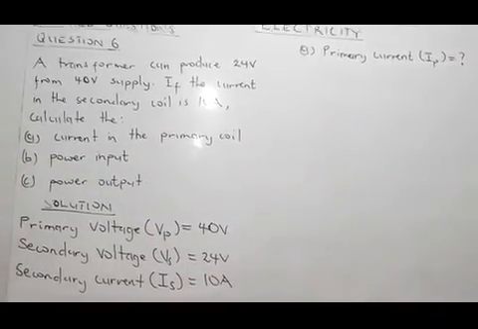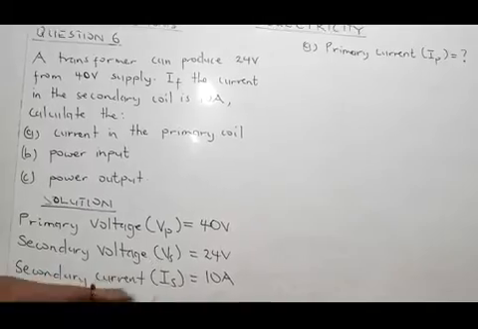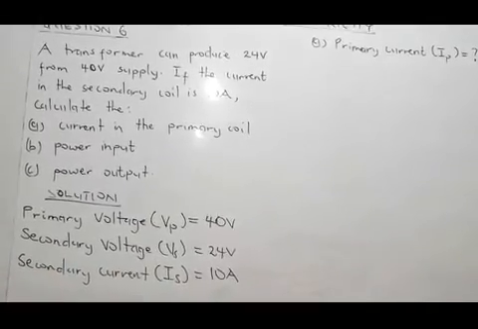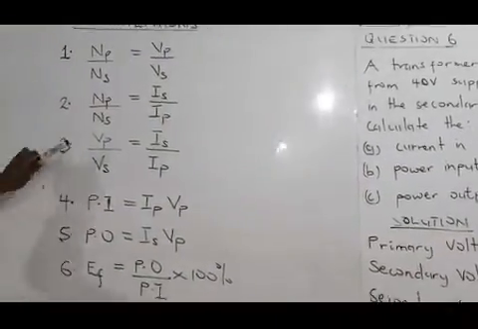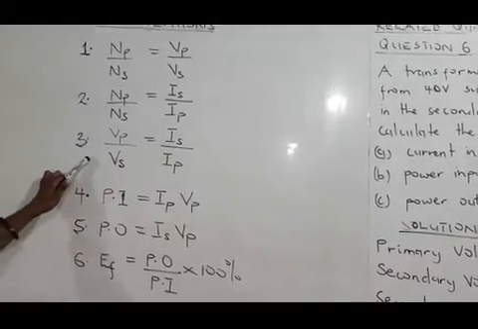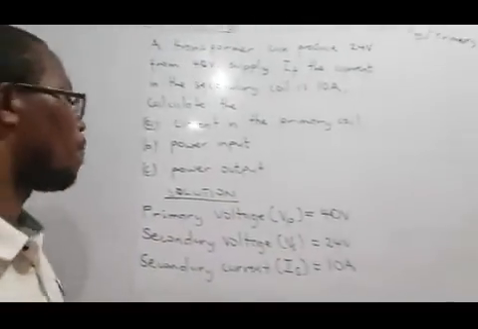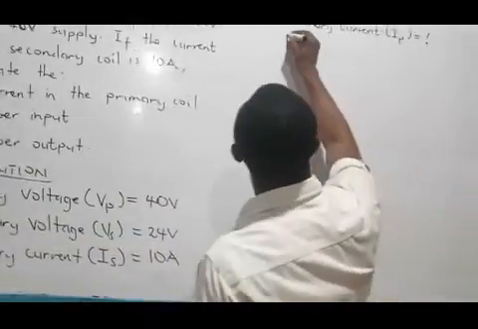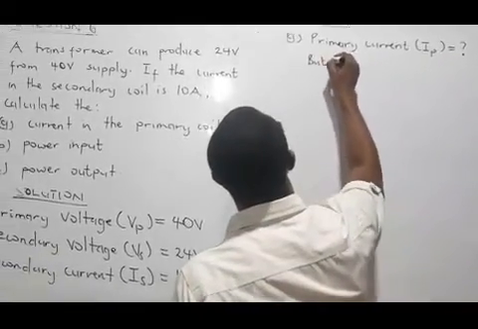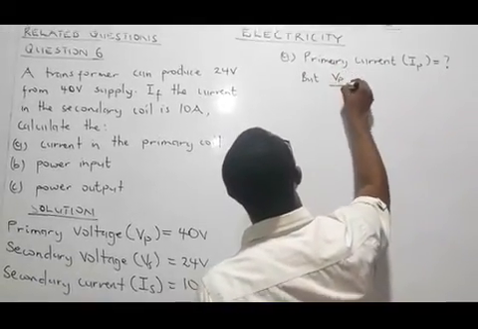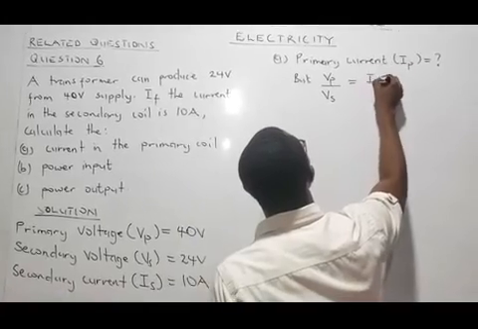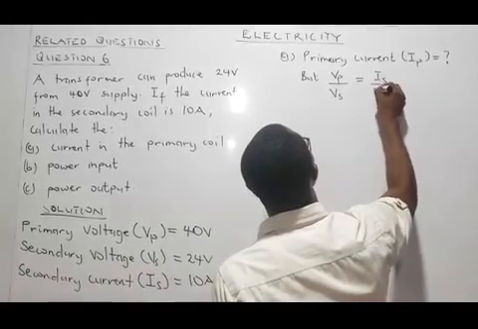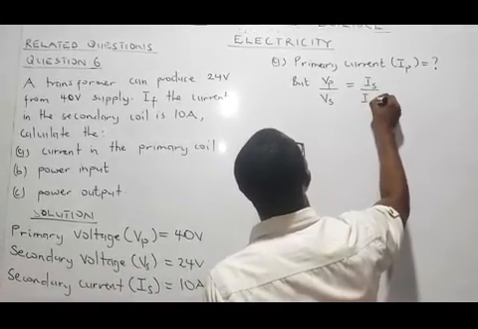So we have information on voltage and current. So you look for the equation that connects the voltage and the current. The equation connecting the voltage and the current is equation 3. So you use equation 3. So VP over Vs equals Is over IP.